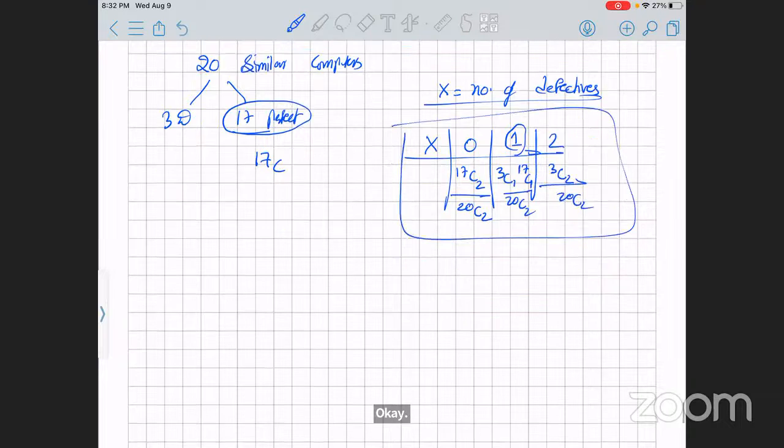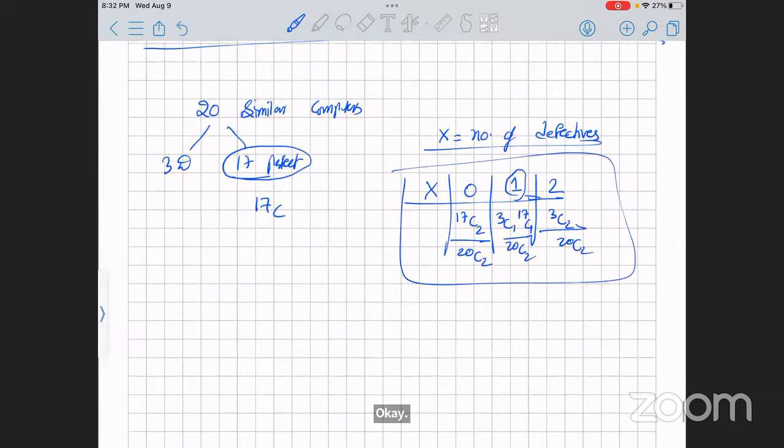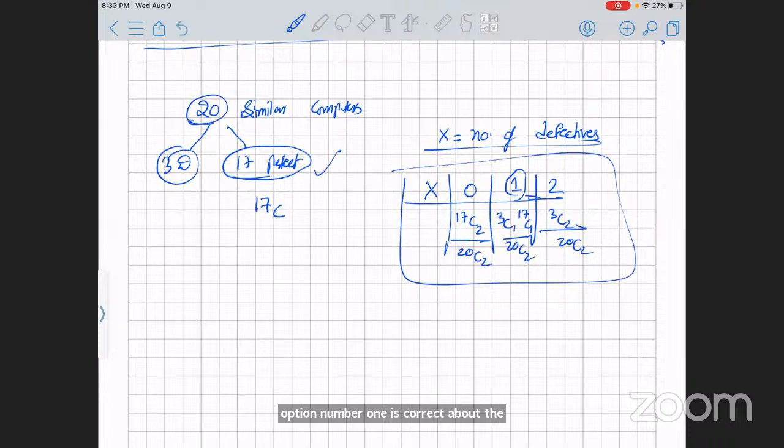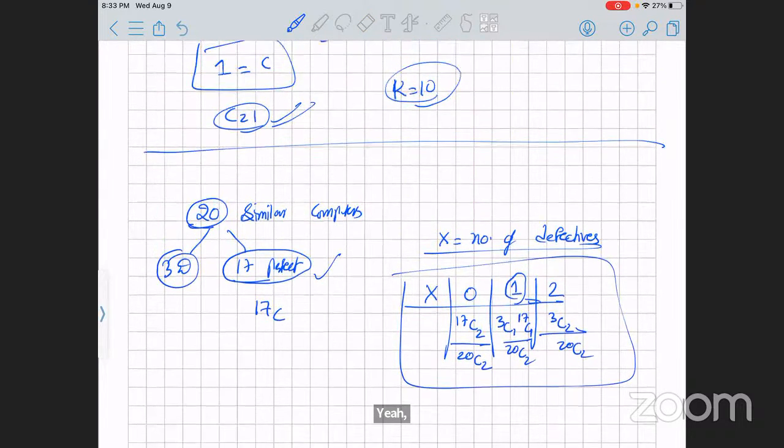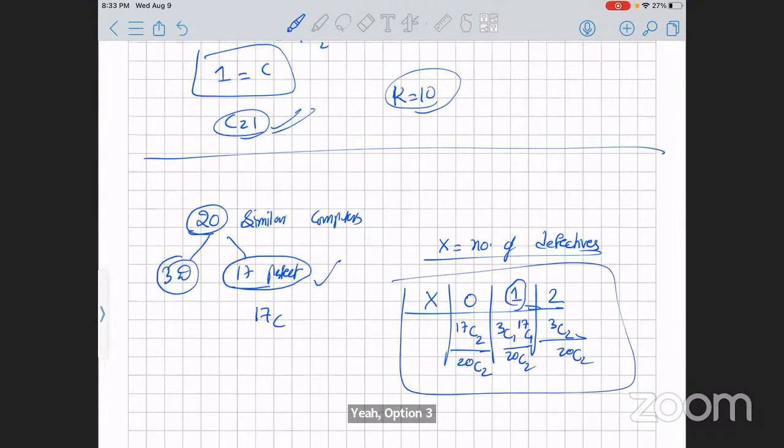So how did we get 17C2 here? Look, out of 20 computers, 3 are defective and there are 17 perfect computers. Sir, option 1 is correct, but option 3 is also correct. Shouldn't they be asking us to select 3 computers? No, the purchase is of 2 of these computers.